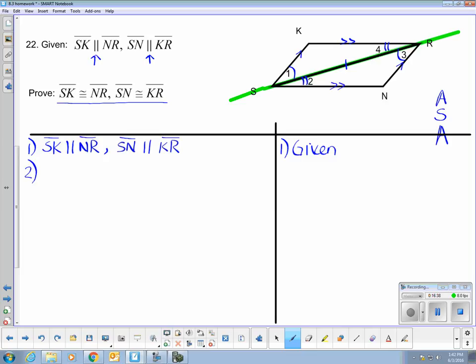So because we have the parallel sides, we can now say that angle 1 is congruent to angle 3. And in the same step, I'm going to say that angle 2 is congruent to angle 4. And we're simply going to write alternate interior angles. So again, what we know about alternate interior angles is that they are congruent if we have parallel lines.